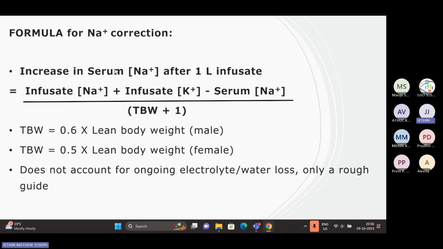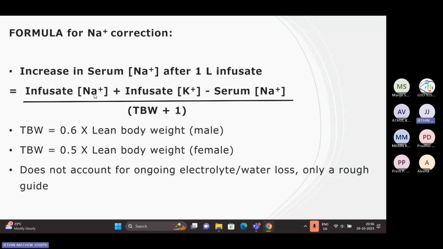So there is also a formula. Earlier in the flowchart, we went through the range for sodium infusion, but there is also a formula for how much sodium to be infused. So the formula is the increase in serum sodium after 1 liter of infusate.